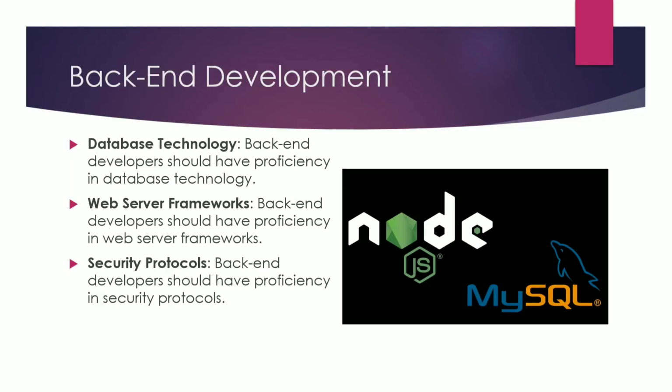These are some basic things that you should learn. You should consider learning security protocols if you are doing backend development. This is one of the majorly asked things: do you know what JWT is and how a security protocol works? This is one of the most important things that you should consider learning.